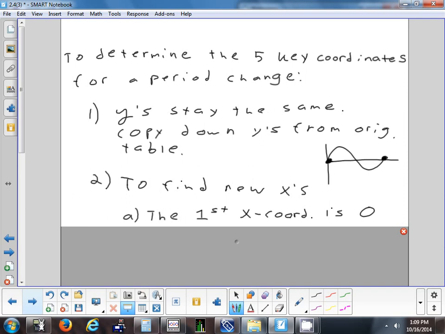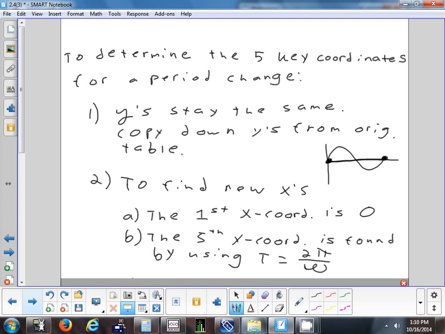It might not be 2 pi. It could change depending on the problem, but don't we have a way to figure out what the new period is? Is it 2 pi over omega? Yeah. To find where the period is going to end, since it starts at 0, the formula T equals 2 pi over omega will give you the length of the period, which is the 5th coordinate.